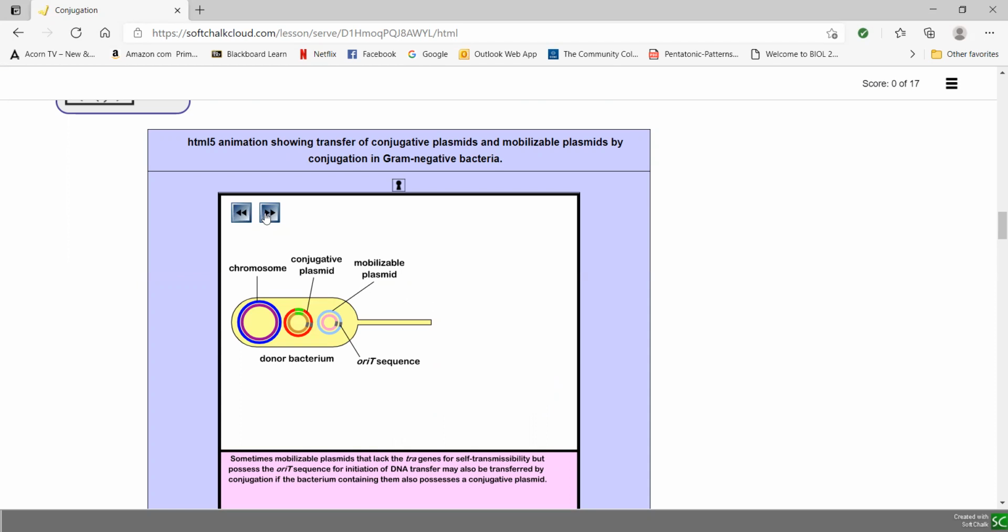These are called mobilizable plasmids. Now notice a mobilizable plasmid has no TRA genes, none of these green genes. This can't code for a mating pair. So if this bacterium only had the mobilizable plasmid, but didn't have the conjugative plasmid, then it couldn't form a mating pair. There would be no transfer.